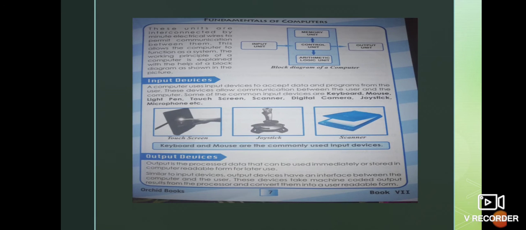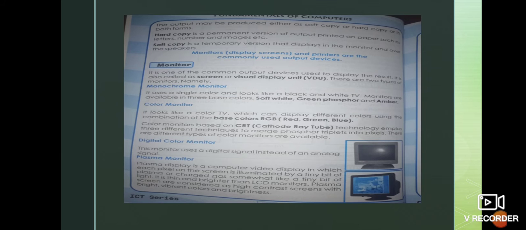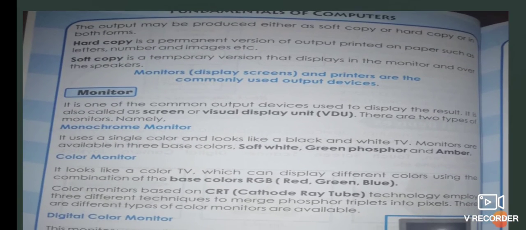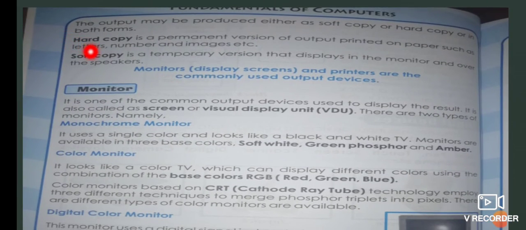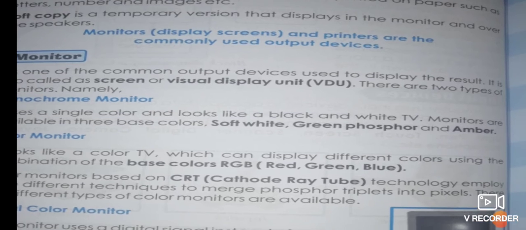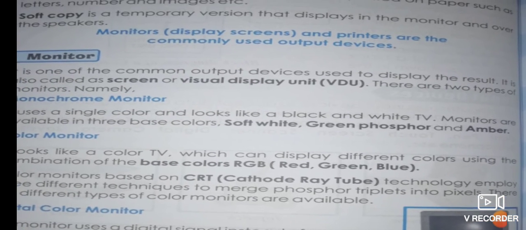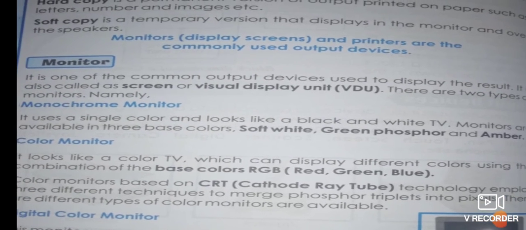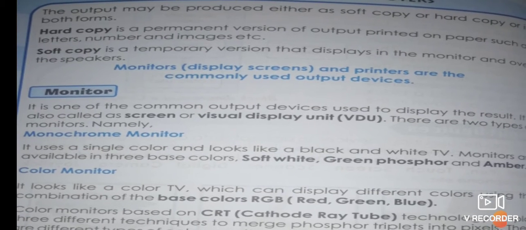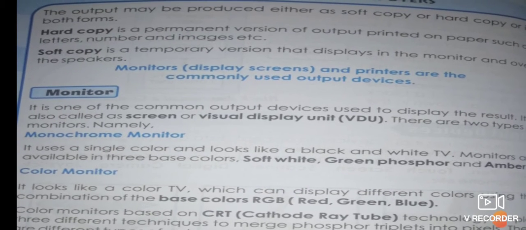Let us see now what output devices are available. Before that, there is a difference between hard copy and soft copy. Soft copy means the result is displayed on the monitor, where we can see it on the screen. Hard copy means a printed format.